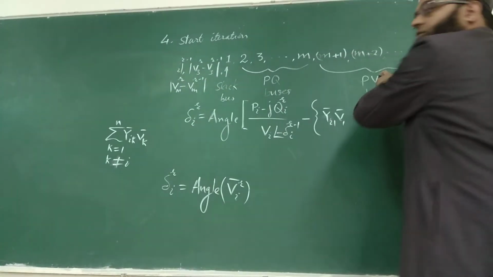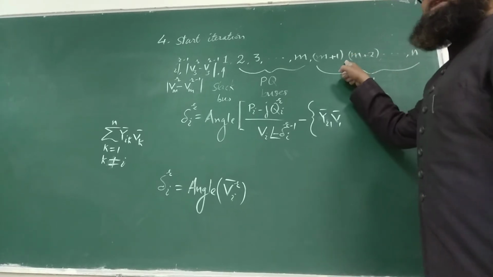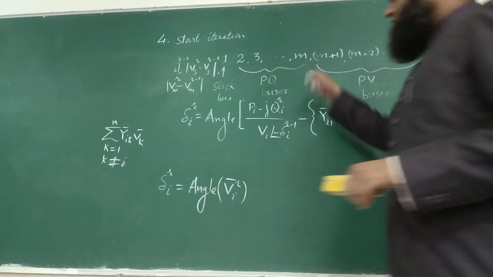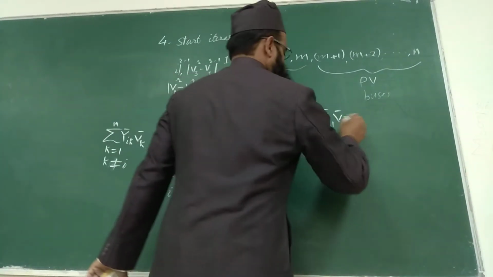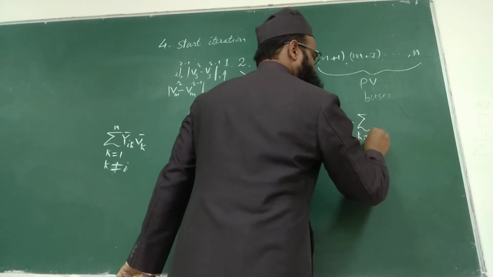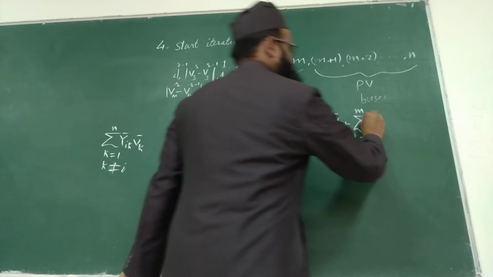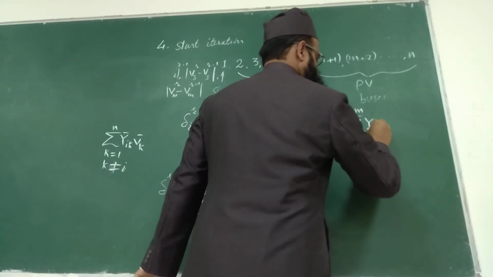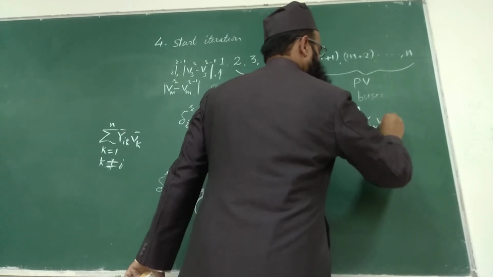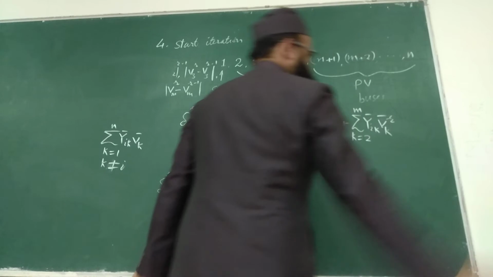So for K equal to 2, this I belongs to which region? Wherever I is there, up to I minus 1, we will write R. So first write till here. Minus you have taken here, so plus K equal to 2 to M. YIK VK, you have taken K. So here you will write R. Fine.